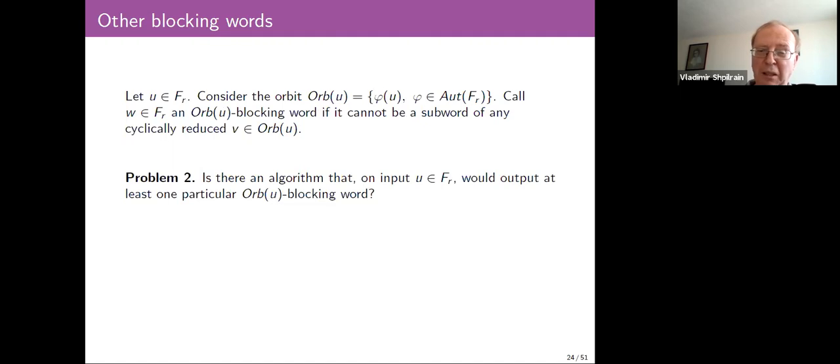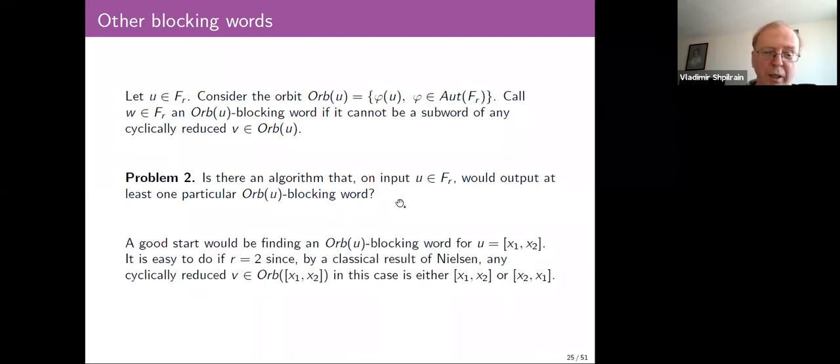Well, orbit U blocking words should exist for any U by counting sort of arguments, but to find a particular orbit U blocking word for a given U, I don't know how to do that, except for this very special case where U is the commutator of two generators, x1, x2, and moreover, if the rank of the free group in question is 2.